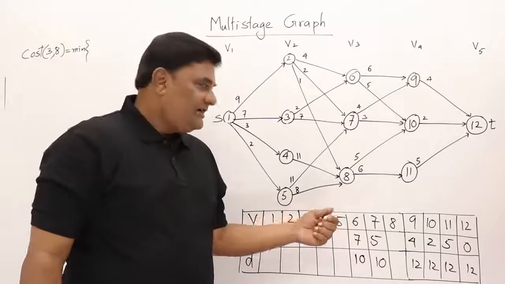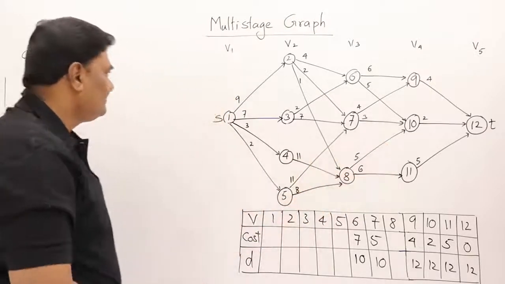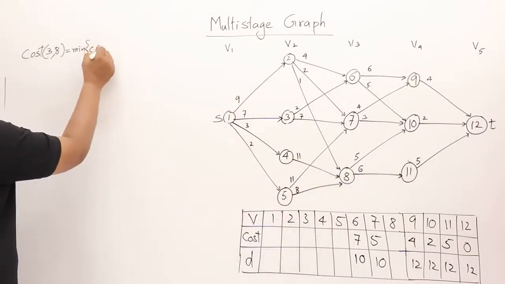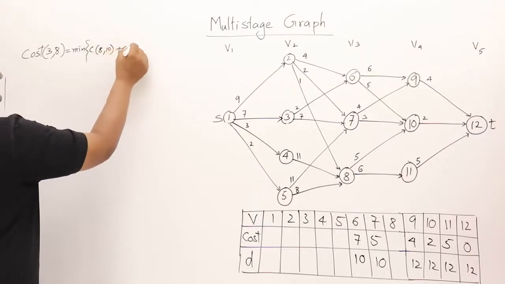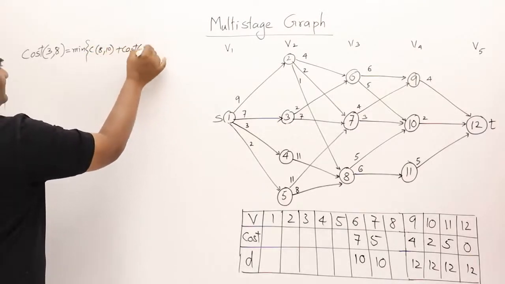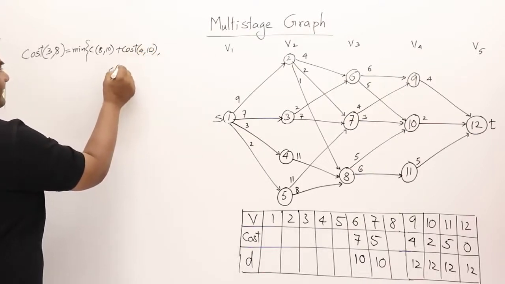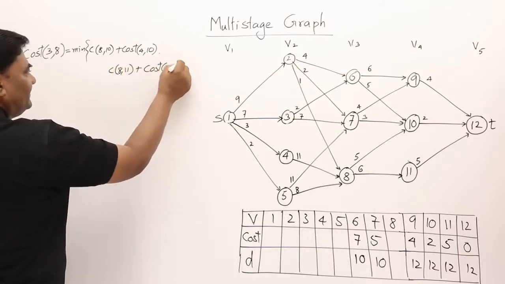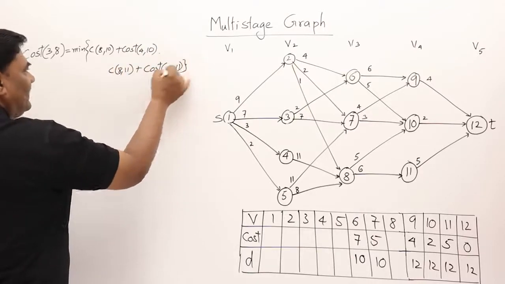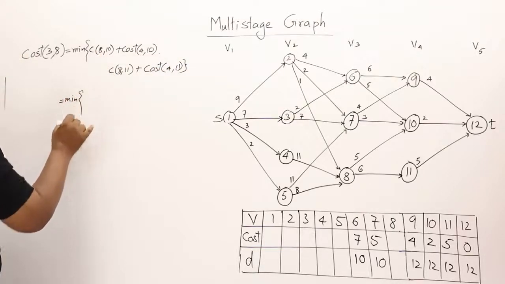Next is the cost of 8. There are 2 edges going out from 8, to 10 and 11. So the cost of an edge from 8 to 10 and the cost of vertex 10 in the 4th stage, comma, C of 8 to 11 plus cost of vertex 11 in stage 4. I have to take the minimum of these. I know these values, so I will replace them.